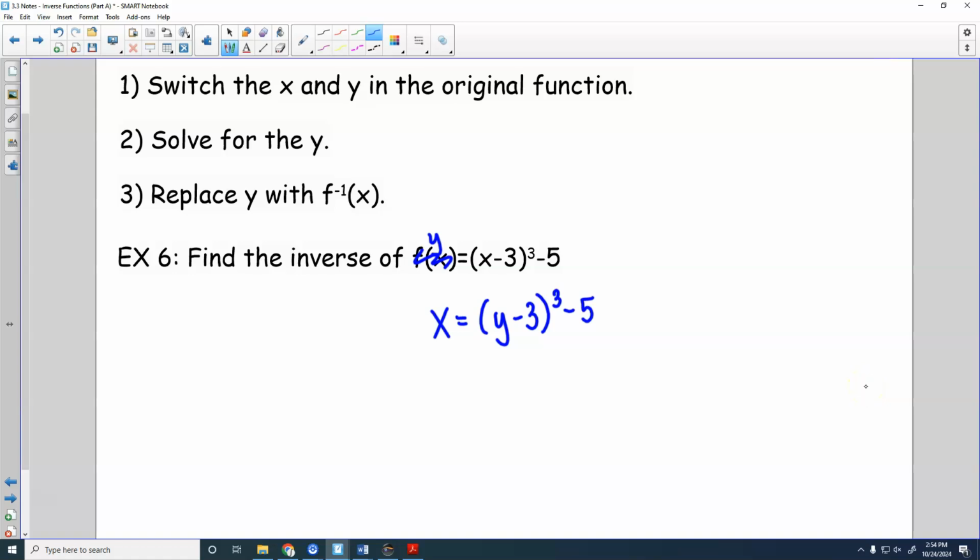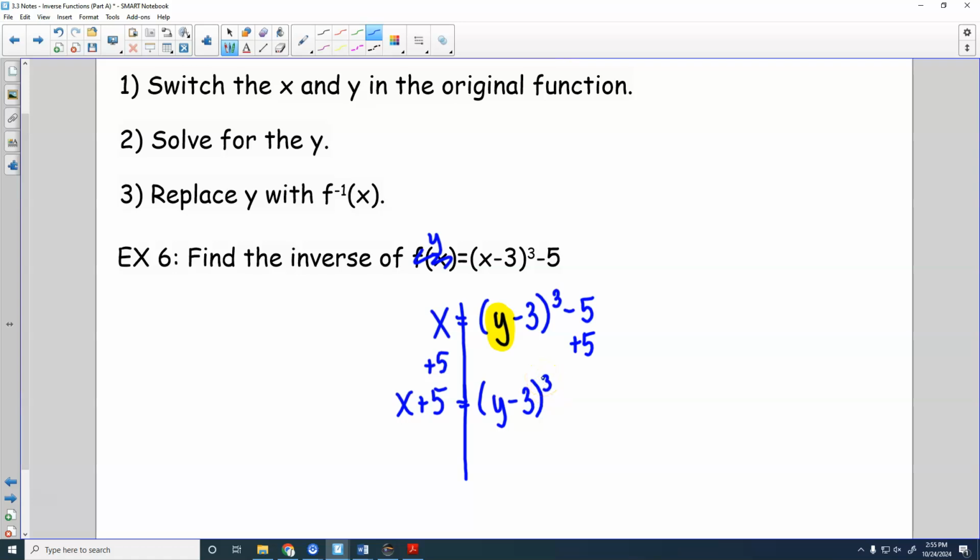So, let's see. Lucas, what would I do to solve for that y there? Yep. We're going to move that 5 first, so we'll add that 5. X plus 5 is going to equal y minus 3 cubed.